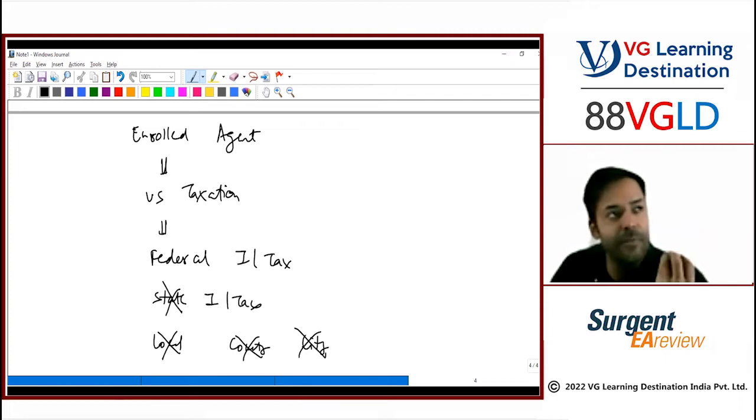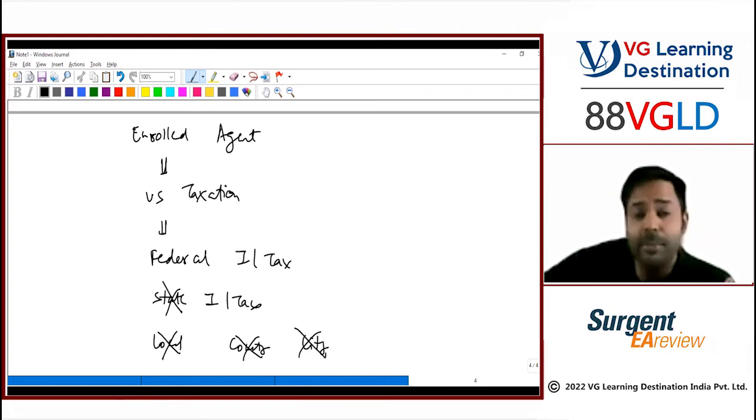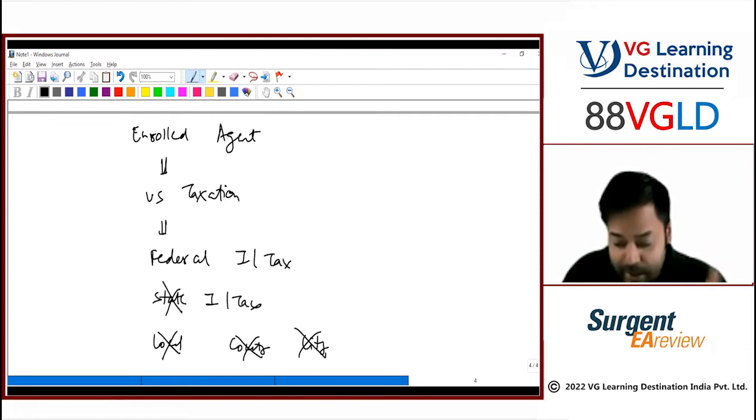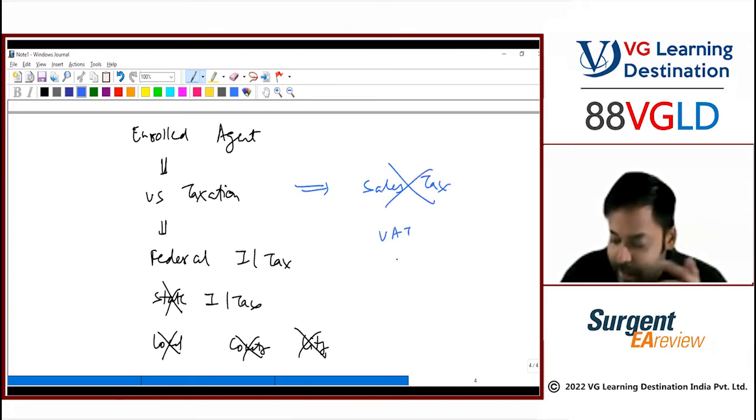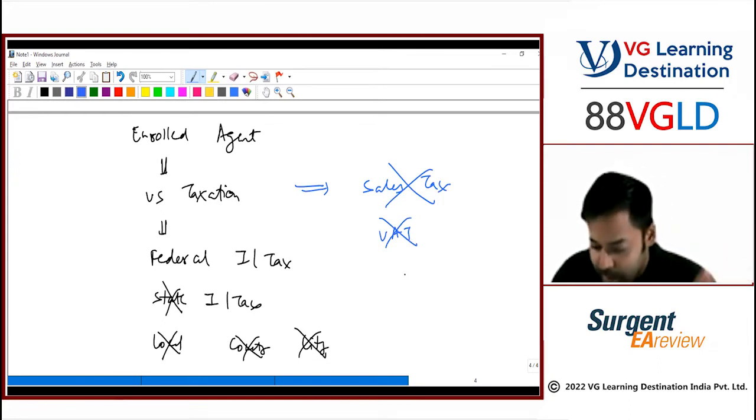Just the federal. Federal is, in a very crude way I can say, the central income tax I'm talking about in this case. Again, in the enrolled agent, we are not talking about any kind of sales tax, any kind of VAT, any kind of real estate taxation, or any property transfer tax. We're not talking about that, right?